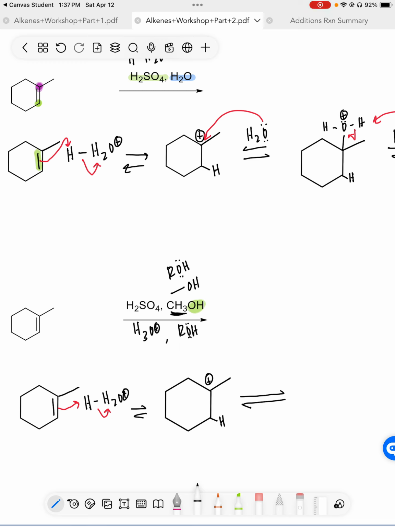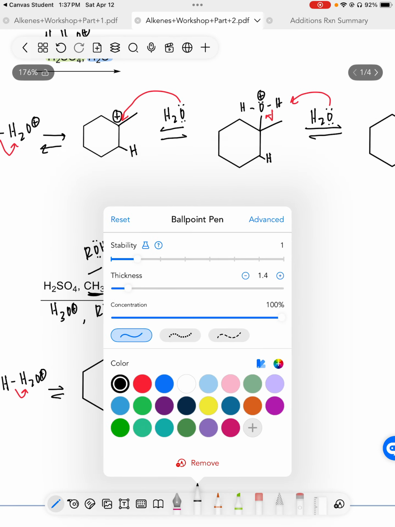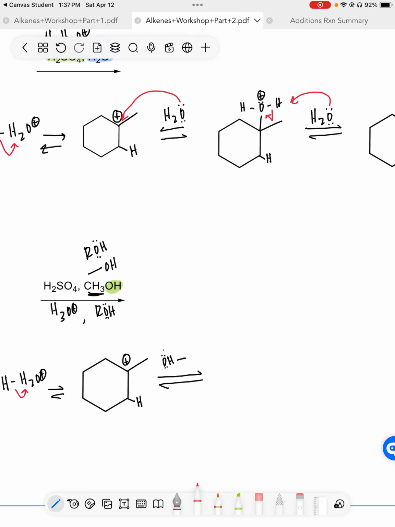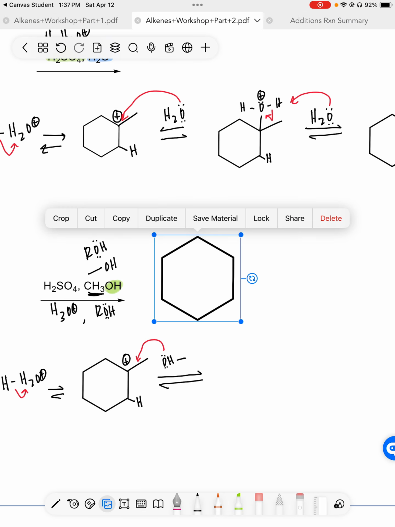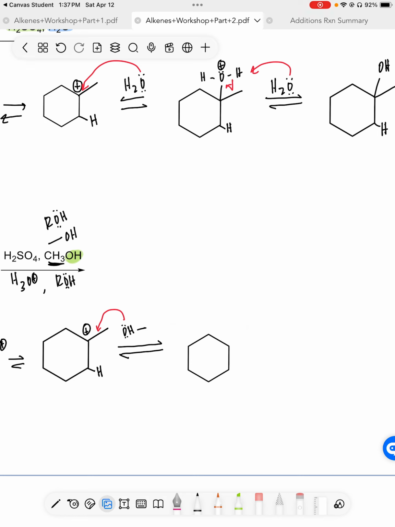So I'm going to just draw it like this. And it's going to attack where the carbocation is, the more substituted carbon. And we get a product that looks similar to the one from up above. We're going to have a positive charge on the nucleophile that we just added.